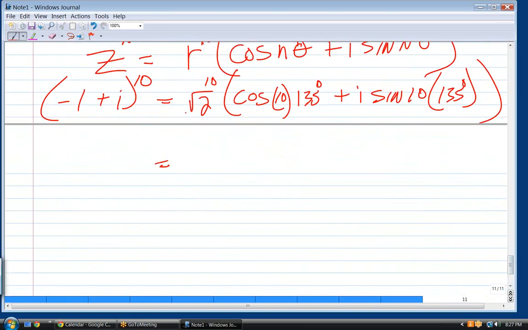So what's square root of 2 to the 10th power? It's the same as 2 to the 5th, right? Yeah. 32.